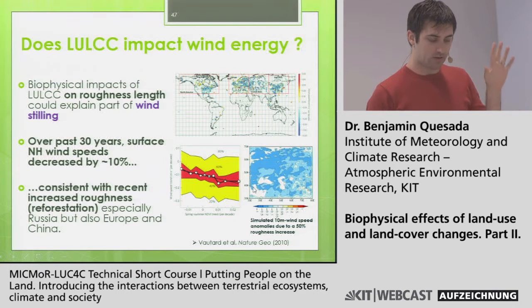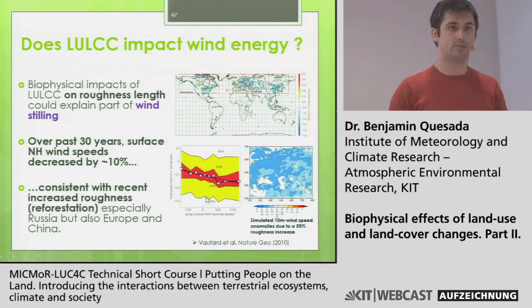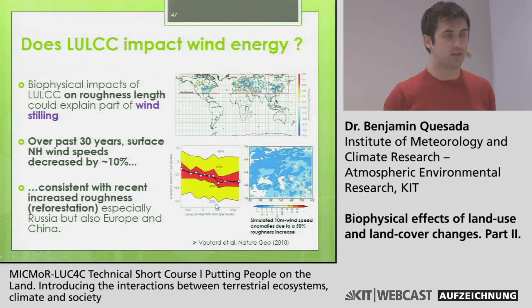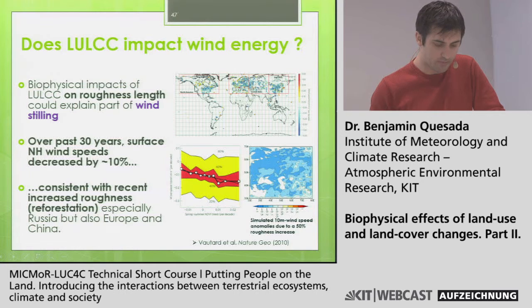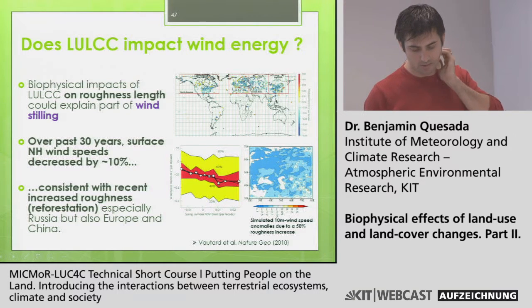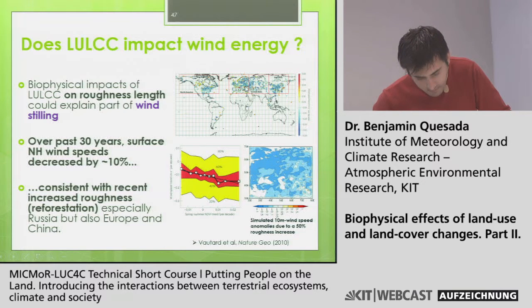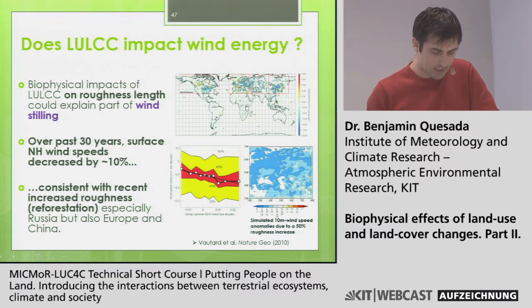Now, I talked about effects on temperature and precipitation due to land use and land cover change, but what about wind energy or wind turbines? Are they affected by the roughness changes due to deforestation or afforestation? That's a study from Vautard et al. in Nature Geoscience 2010, showing that over the past 30 years, here it's the trend in wind speed in meters per second per decade, we have blue spots that denote a decreasing trend of northern hemisphere wind speeds of about 10%.